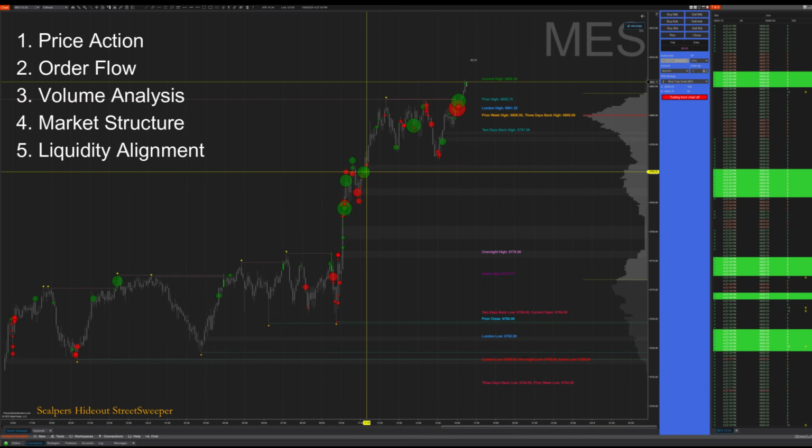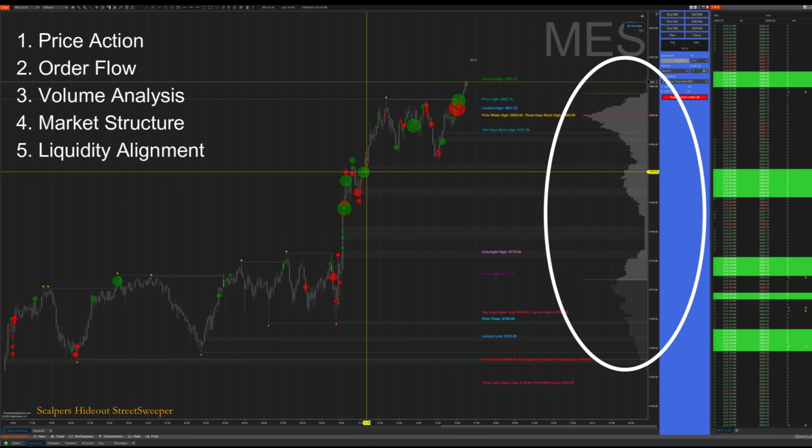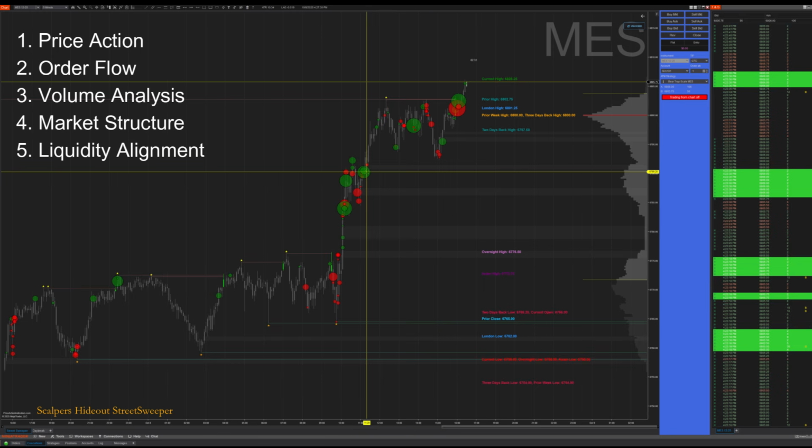Another aspect, another trading modality that this tool covers is volume analysis. Built into StreetSweeper is a unique volume profile that sits along the right edge of your chart, and it is a composite volume profile.